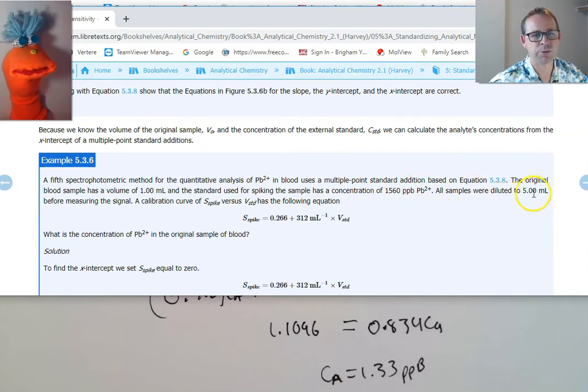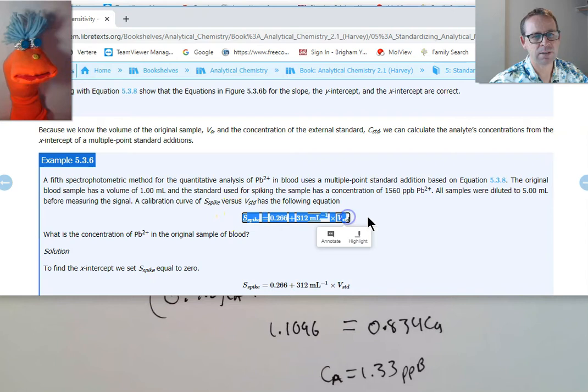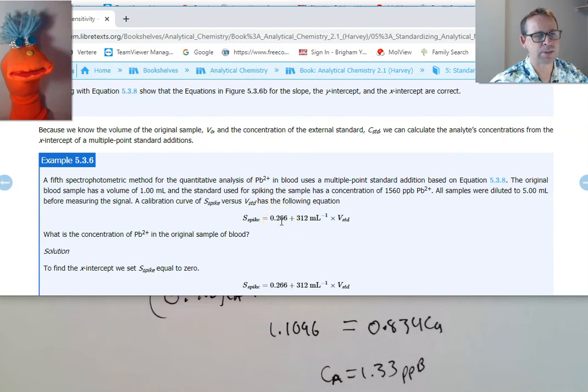All samples were diluted to 5 milliliters before measuring the signal, and a calibration curve was found with this as our equation: Y, signal from our spiked samples, equals m, our slope, times x plus b, a y-intercept value of 0.266. And then we want to know what the concentration of lead ion was in the original sample.